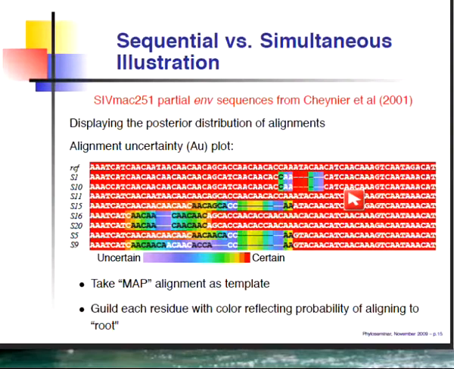So the way to interpret that is areas of high certainty that characters are homologous are in red, and areas of uncertainty are in colors shading throughout the rainbow.